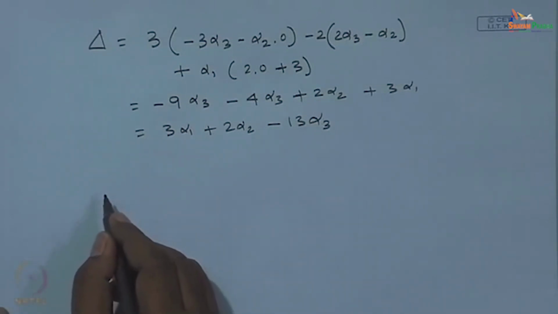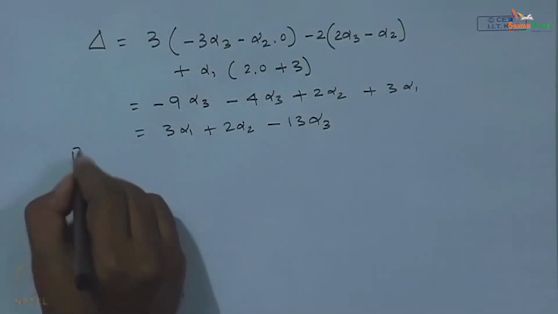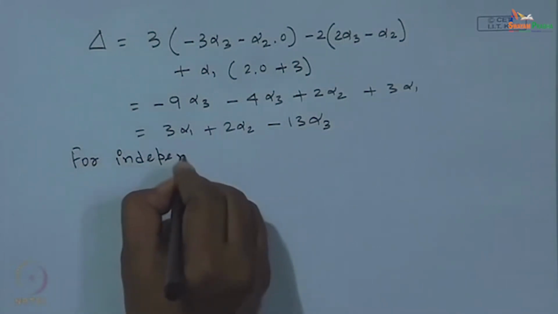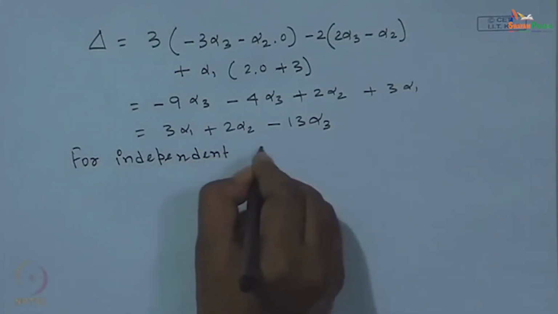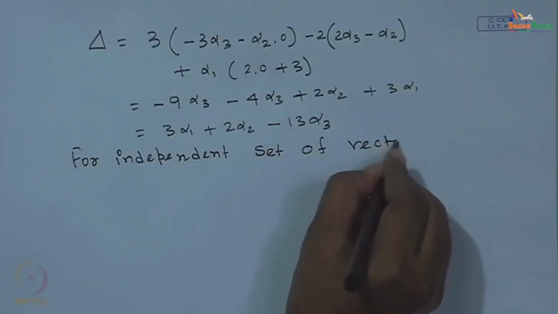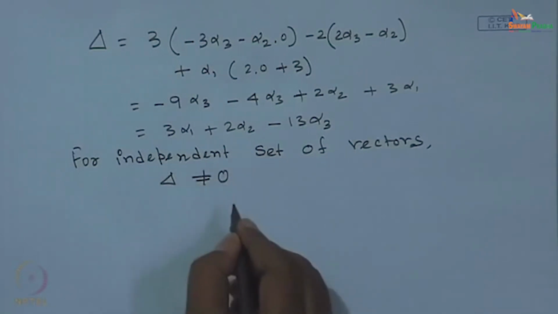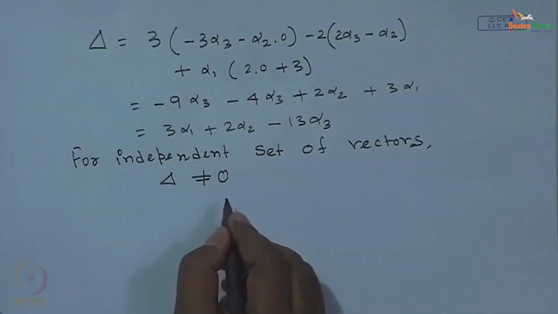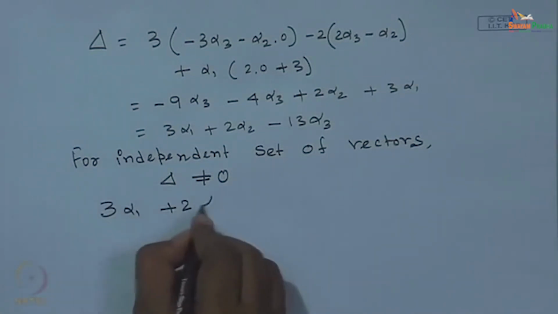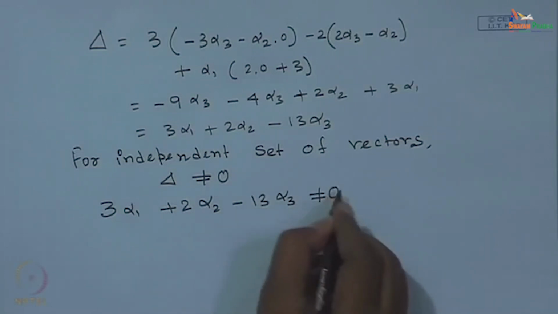Now, in order to get an independent set of vectors, the criterion is that the determinant cannot be equal to 0. Therefore, 3 alpha 1 plus 2 alpha 2 minus 13 alpha 3 should not be equal to 0.